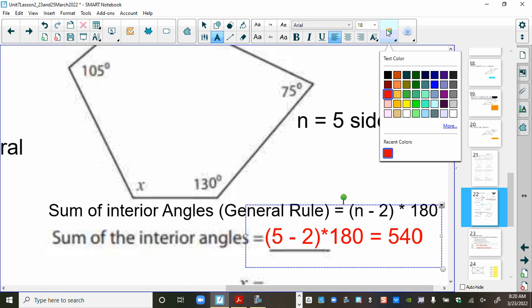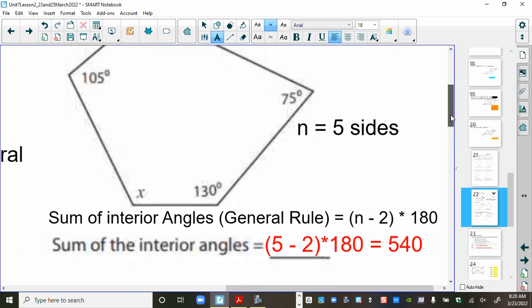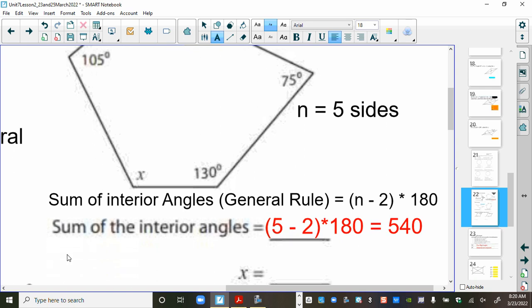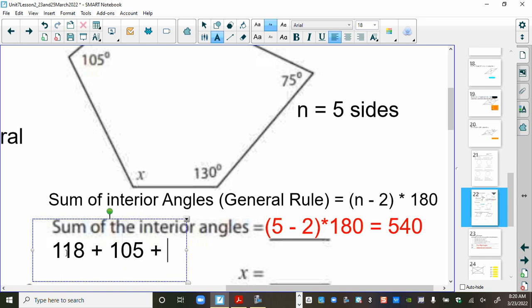So I'll be nice. I'll give you another setup. So it's 118. That's from the very top. Plus 105. Sorry, the 118 is all the way on the top.